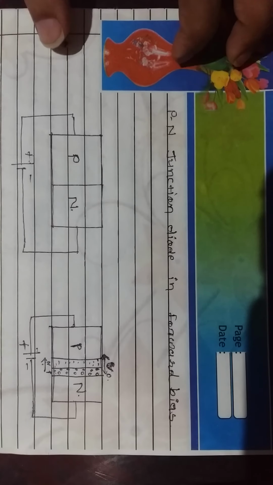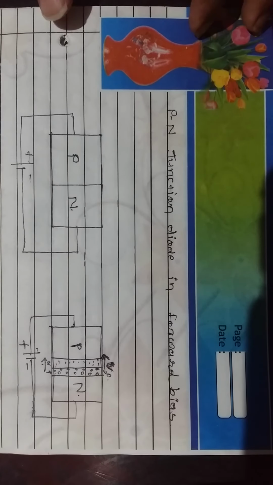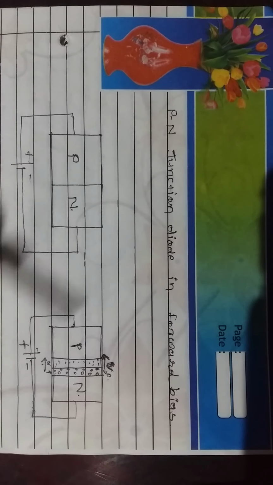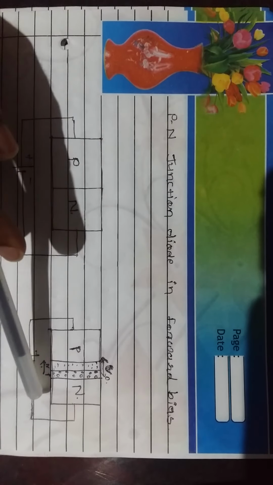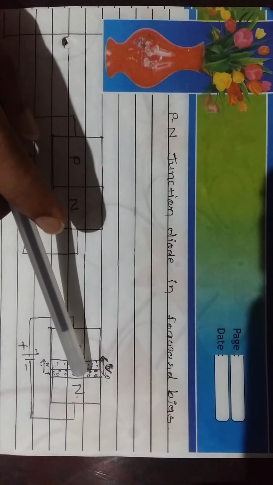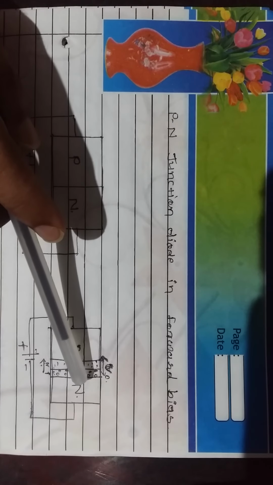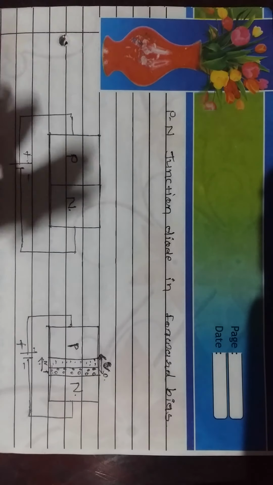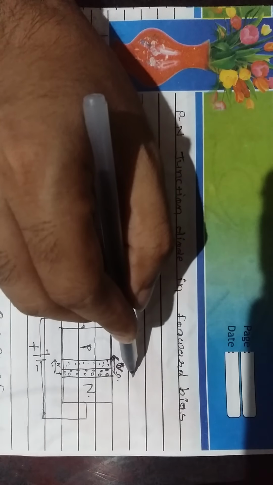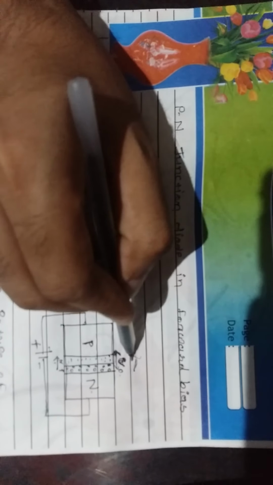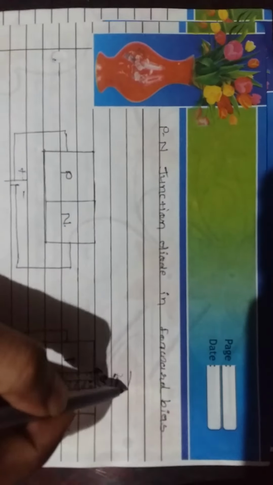That means your direction should be in this direction, and the actual direction is in this direction.